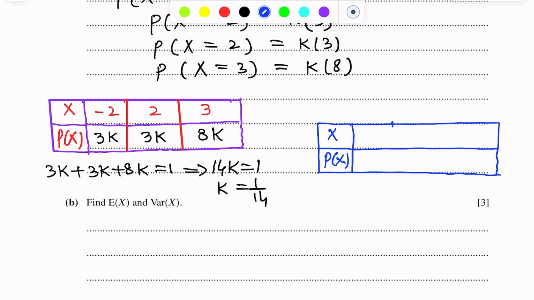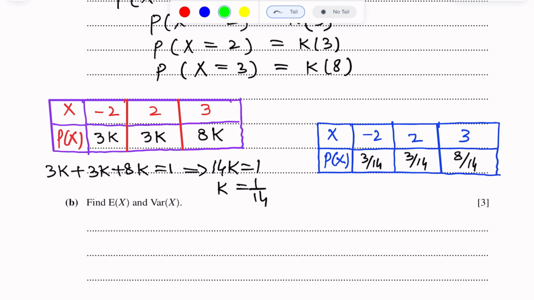The values of x are -2, 2 and 3. Now putting the value of k here, the probabilities against each value of x will become 3 over 14, 3 over 14 and 8 over 14.